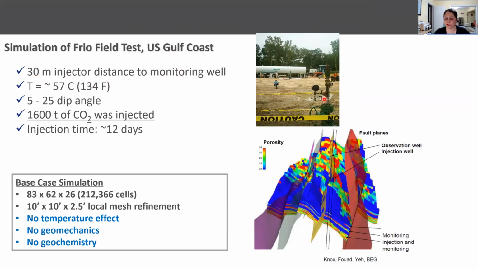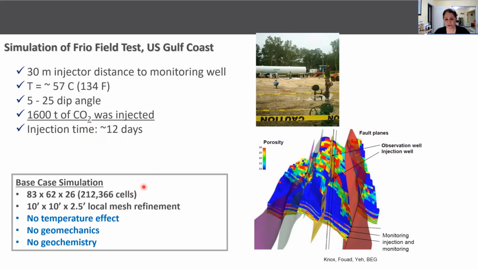Actually, this is the picture of Frio, and this is where the injection well is. Maybe somewhere here is the monitoring location. And CO2 was delivered in a tank as a liquid. Reservoir is about 57 degrees C, with some dipping, 5 to 25 degrees, and 1,600 tons of CO2 was injected in a period of 12 days.